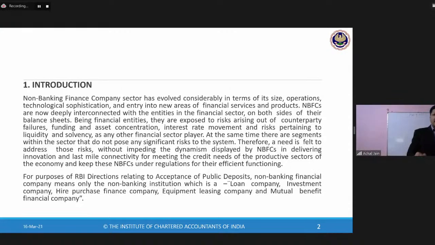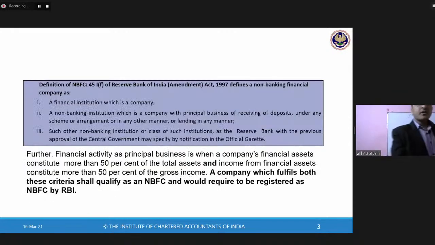So let's now understand the definition of an NBFC. What's the definition of NBFC?